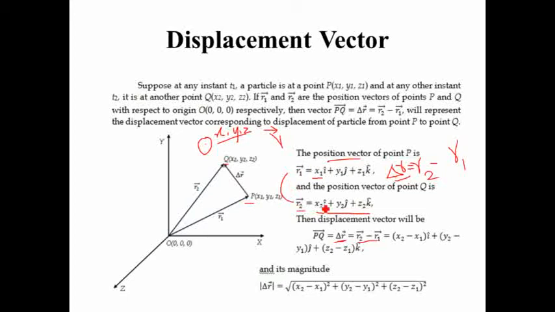When you subtract, you have to subtract only the component values here. So (x2 minus x1) into i cap plus (y2 minus y1) into j cap plus (z2 minus z1) into k cap is the displacement represented in the vector component form.